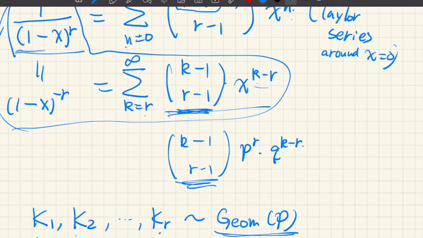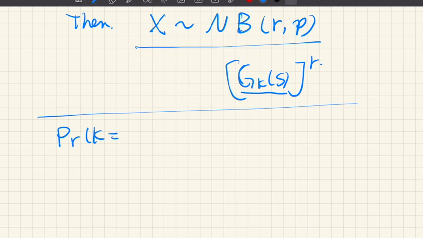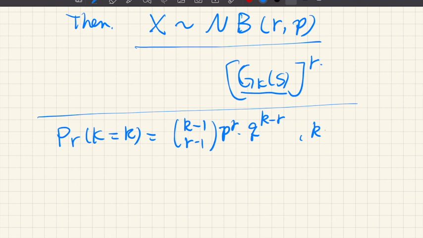Let's try to calculate that one. We have the probability function of the negative binomial distribution as C(k-1, r-1) p^r q^(k-r), where k is r, r+1, and so on.